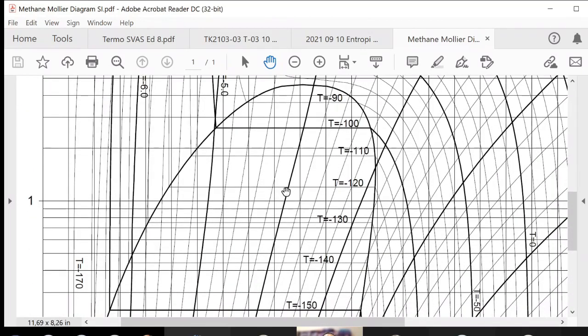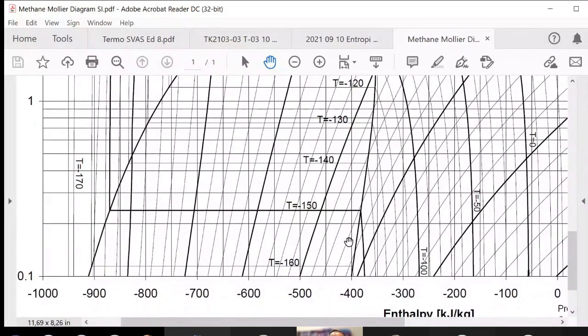And then if I need to locate a certain point inside the dome, let's try to check. I want you to check a certain point here. Okay, I have a point over here.